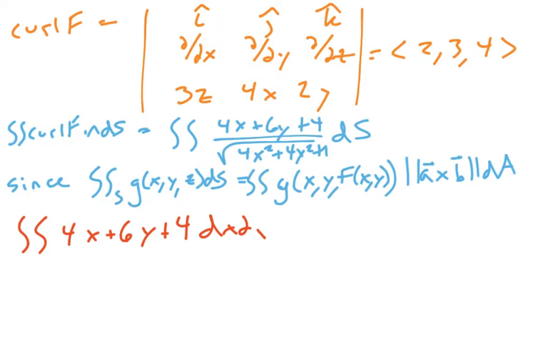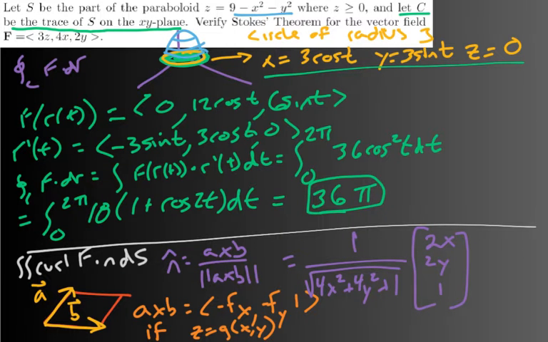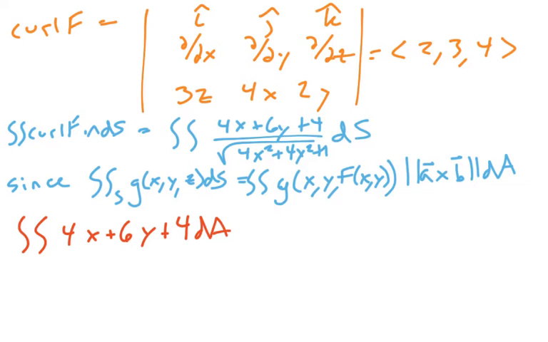Well, let's say dA for a second. The region that we're integrating over is still that circular region, and so the problem is best switched to polar again. Your radius is 3, and the angle rotates a full 2 pi.